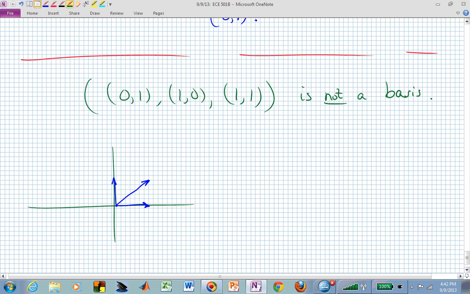But it's not a basis because it's linearly dependent. Points in R2 can be written non-uniquely as combinations of those 3 vectors.